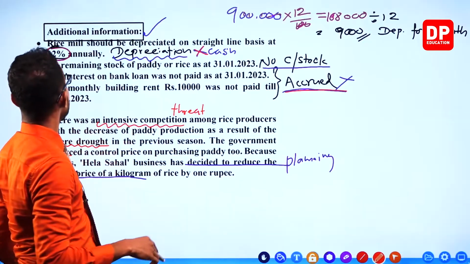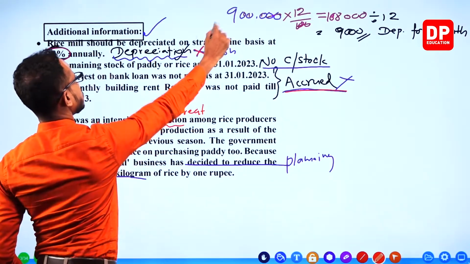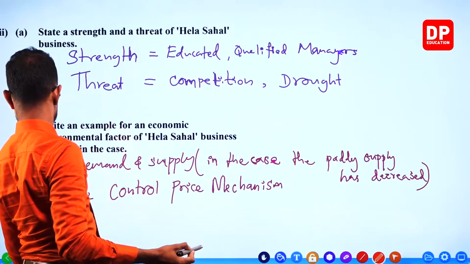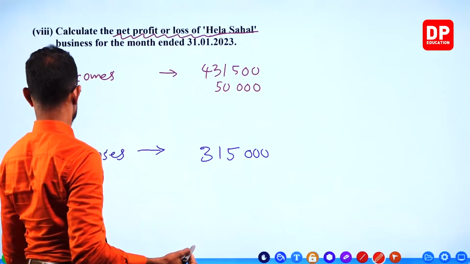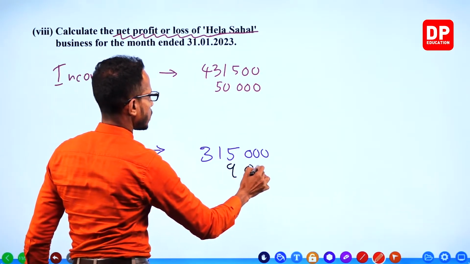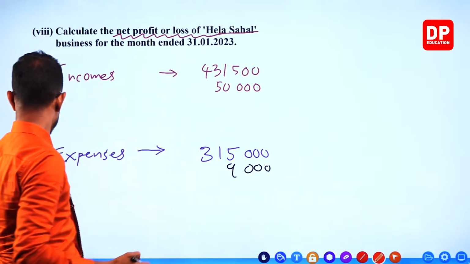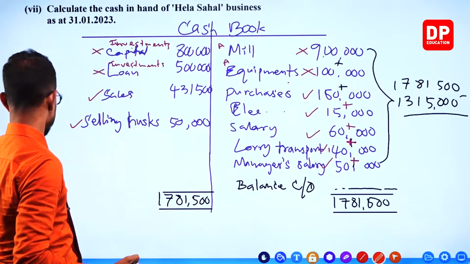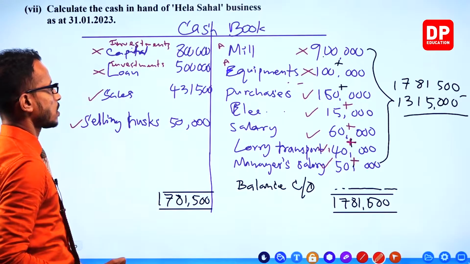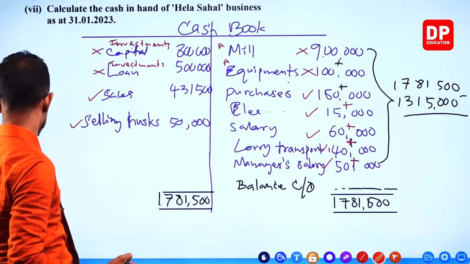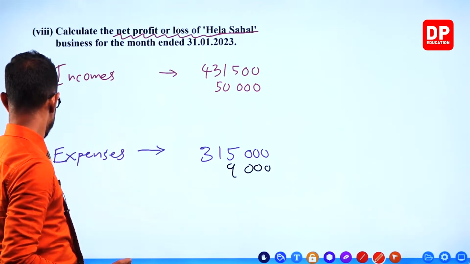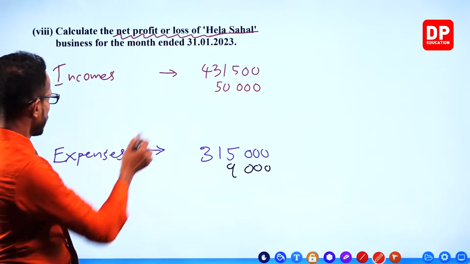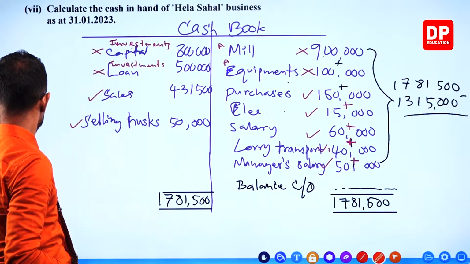Okay, so this is done. 9,000 depreciation.